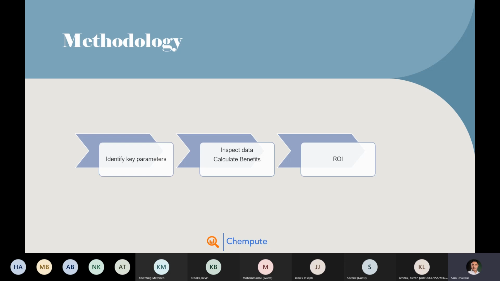So you inspect the data, and then you can calculate the benefits, and I have an example to show you sort of the typical types of things that can be done. But really the main benefits coming from APC are coming from a reduced variation in key parameters such as qualities.